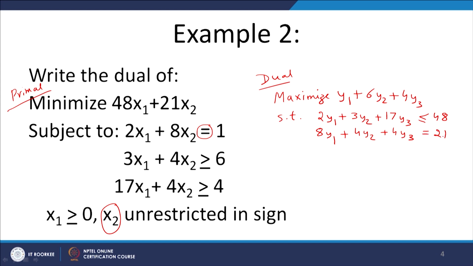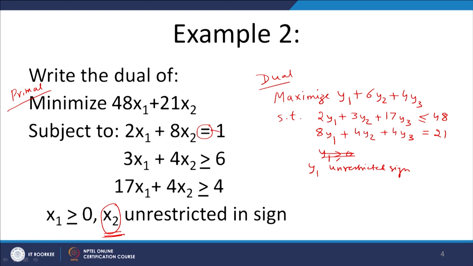Now, why is this an equality? The reason is that the second variable of the primal is unrestricted in sign. Also, y1 should be greater than or equal to 0. Sorry, y1 should be unrestricted in sign. Why is that so?